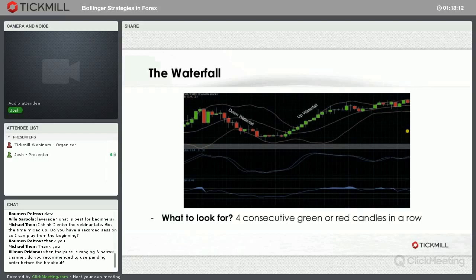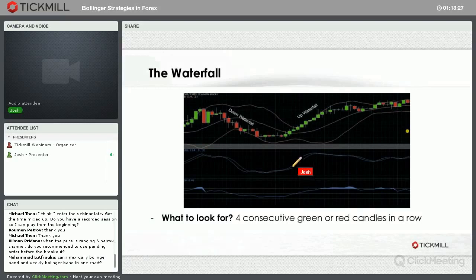Sure, no problem. I see a question from Hilman Pradana. When the price is ranging in a narrow channel, do you recommend using a pending order before the breakout? Okay, very good question. Pending orders are something I haven't discussed here. I use them all the time. I think they are a smarter way to trade.